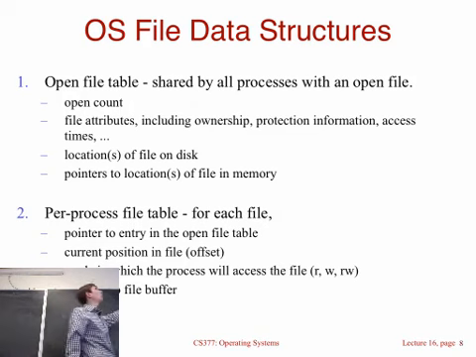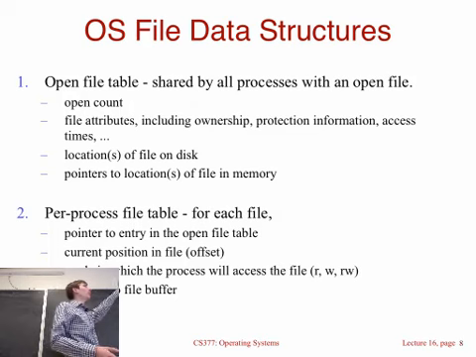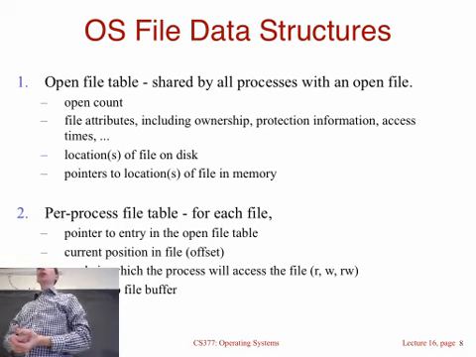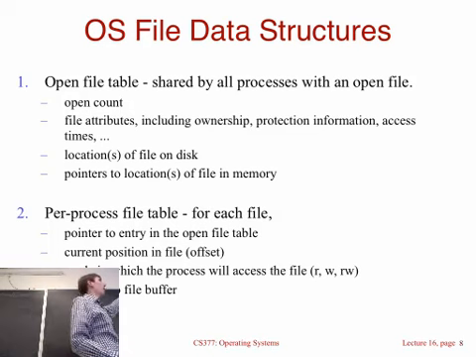But how about just from the perspective of maintaining this table of open files? Every time a process opens a file, you're adding an entry to this open file table. And if some other process opens the same file, that entry is already going to be there, so you're just going to increment the open count.